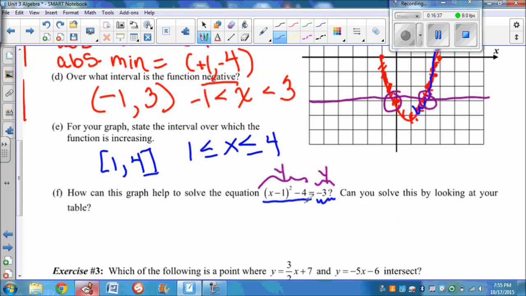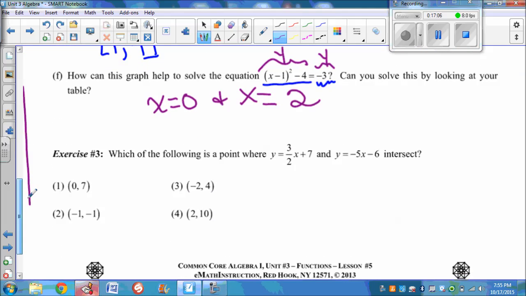They intersect right there. So we just solved an equation that we are totally not familiar with. What are our x values where they intersect? An x of 0 and an x of 2. I think that's pretty cool, to be able to solve an equation graphically that we don't know how to solve algebraically yet.